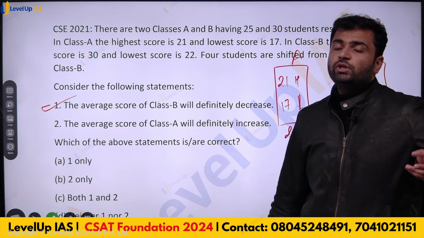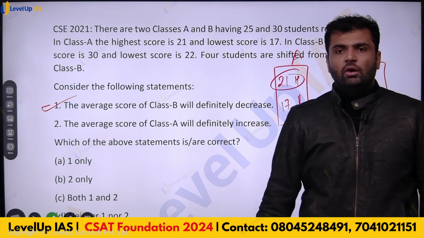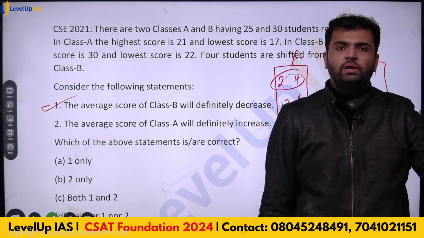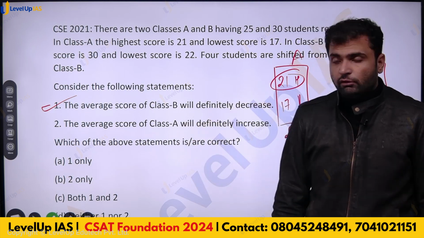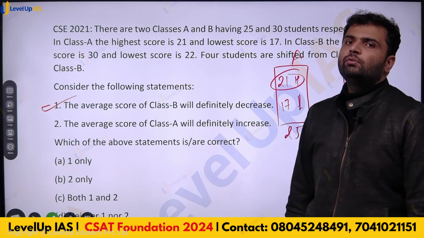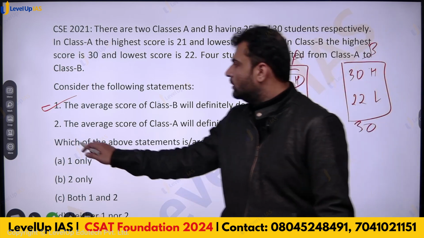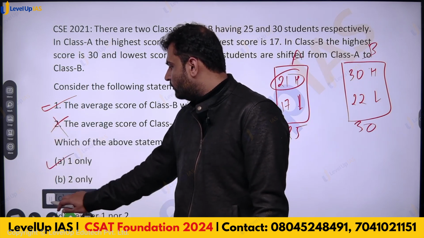It depends on which 4 students you are sending to class B. Because if you send all four people with 21, then the average score of class A will decrease. If you send people having a score of 17, then it may increase. So it depends on which students you send. So this statement is wrong. The answer here is A alone, 1 alone.